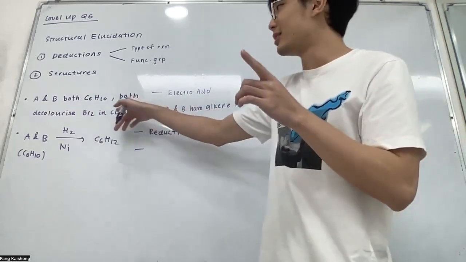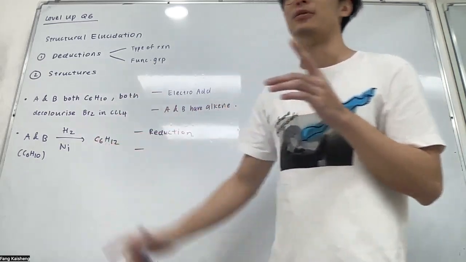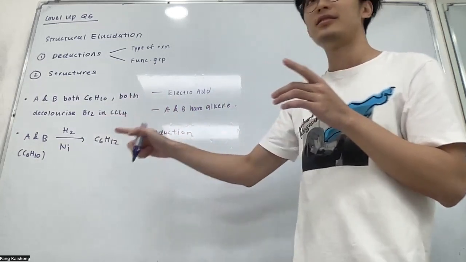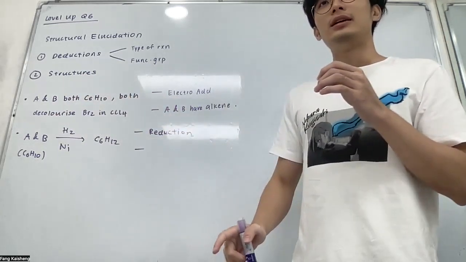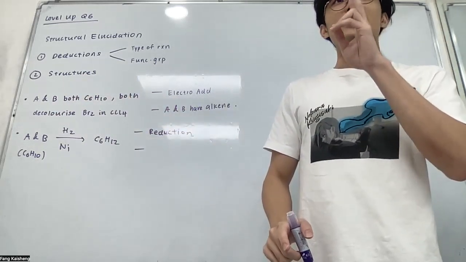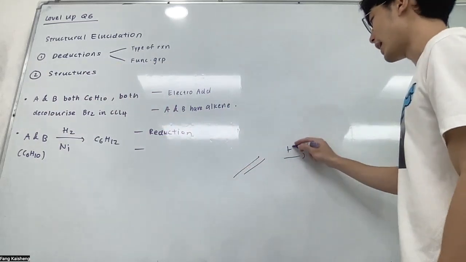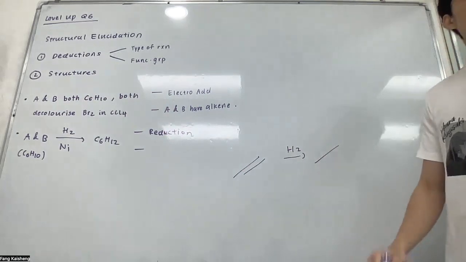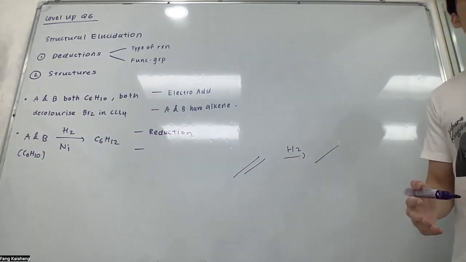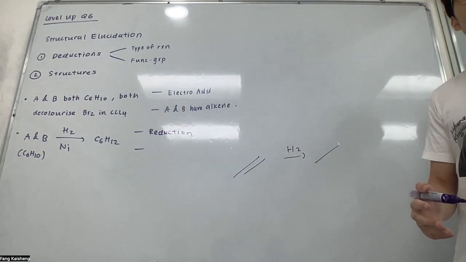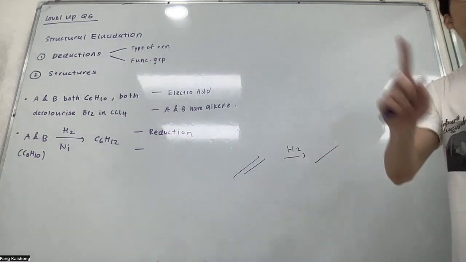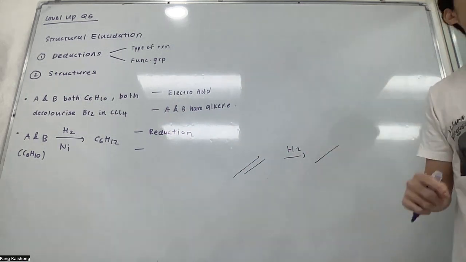But you notice, just now it's just a reaction. Now they tell us the molecular formula. What happened from before and after? Plus 2 hydrogen. And that happens whenever you take an alkene and add hydrogen, it becomes an alkane. So how many alkenes are there in A or B, just one of them, because they are the same thing.